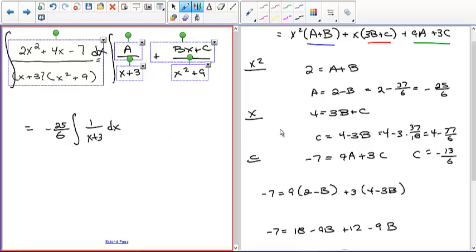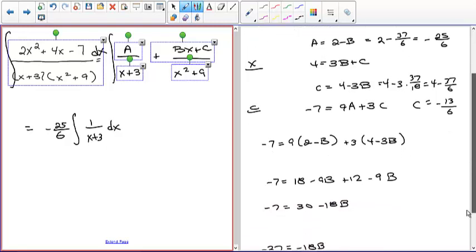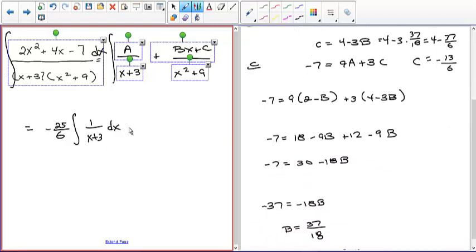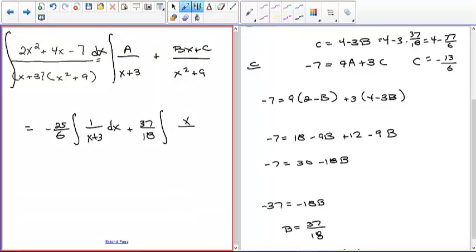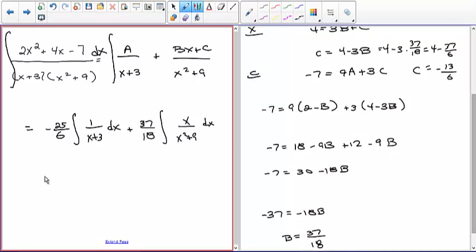Then I'd have B, which is 37/18 times the integral of x divided by x squared plus 9 dx. And the third one would be C, which would be negative 13/6 times the integral of 1 over x squared plus 9 dx.